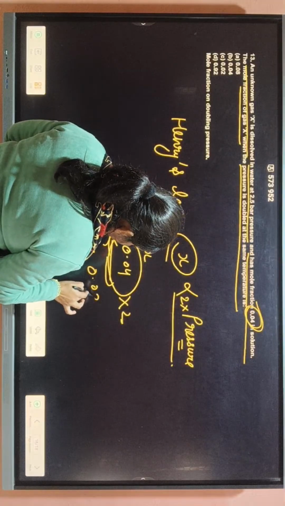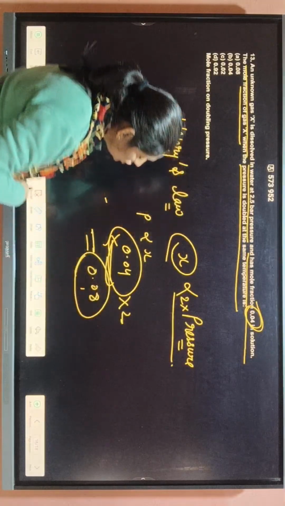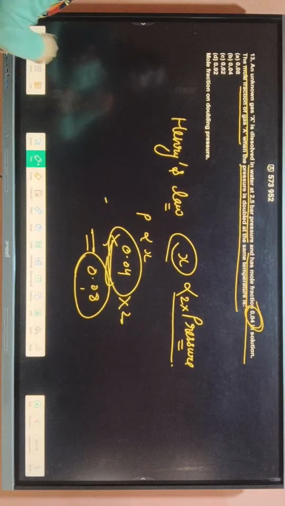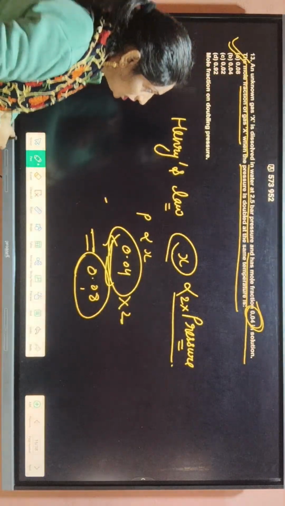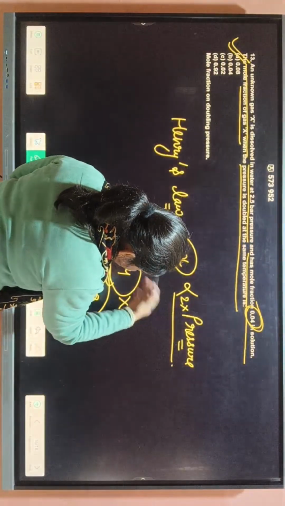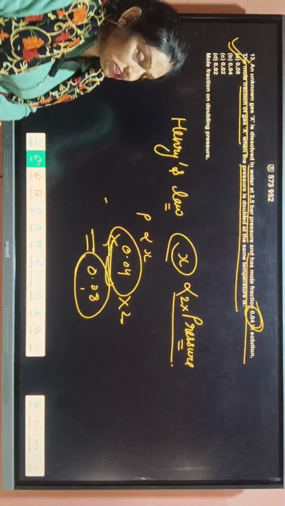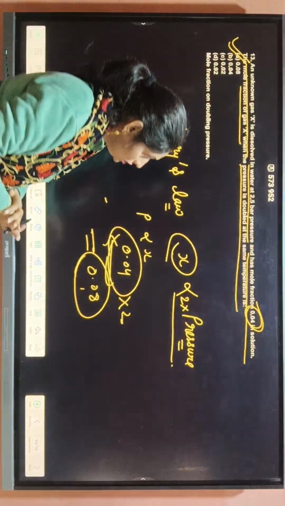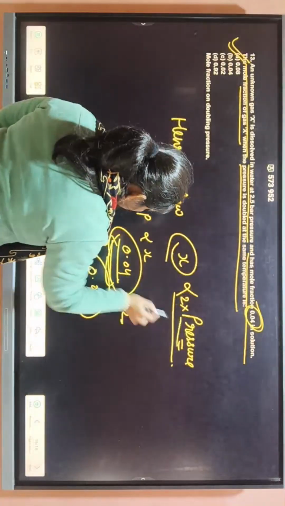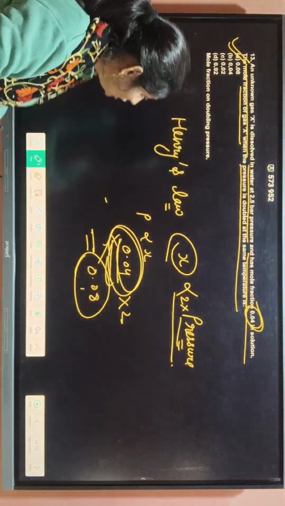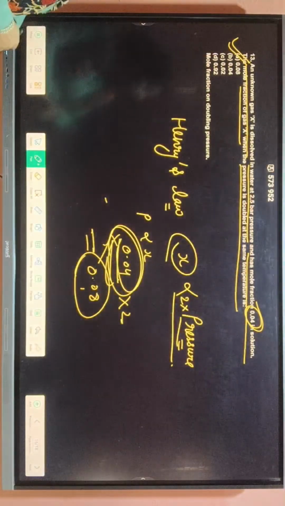So students, here it will be 0.08. You will do 2 times only, because pressure and solubility are directly proportional to one another. If pressure becomes double, solubility will also become double. So here you will go with 0.08.